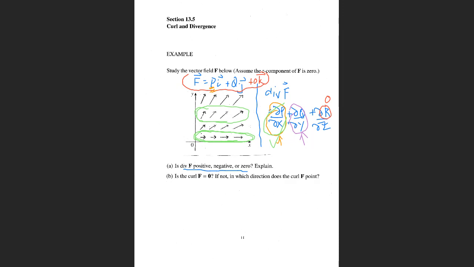How do the first components of the vectors, every vector has an I and J component, how does the I component behave as we move to the right along the vector field, strictly to the right? Are the vectors getting smaller? Are they getting larger? Are they not changing at all? What's your opinion?